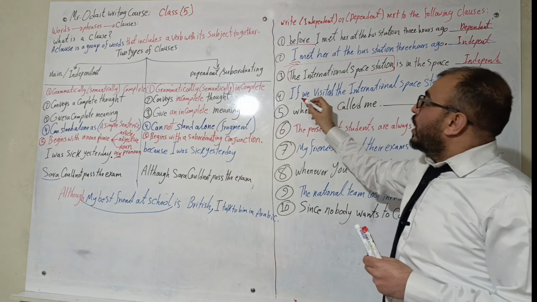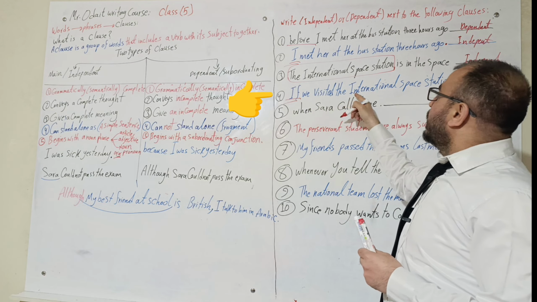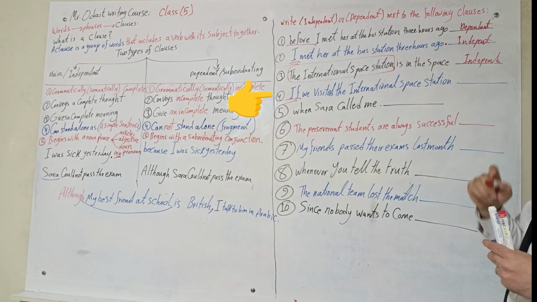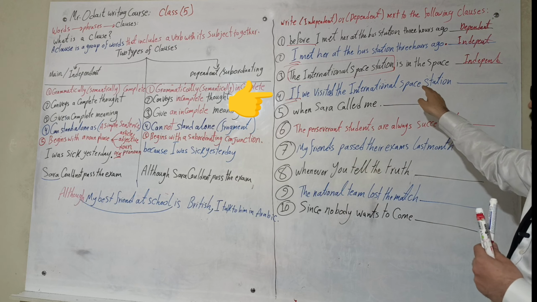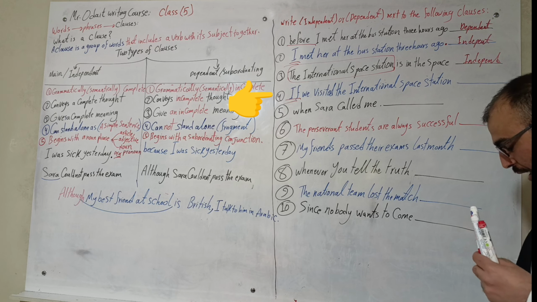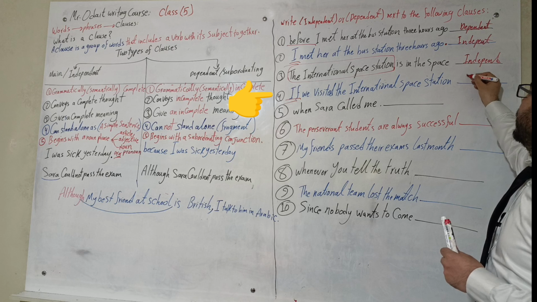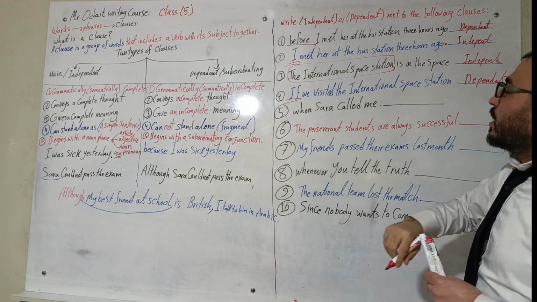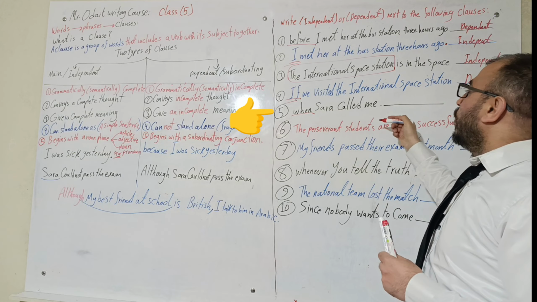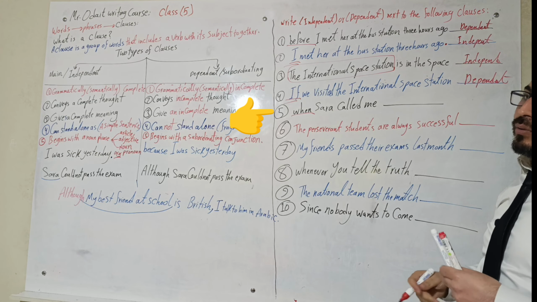Again, my friends, if we visited the International Space Station, here the meaning is incomplete. I need further information in order to understand the idea of this sentence. That's why this is a dependent clause. Again, my friends, when Sarah called me, yes, when Sarah called, what happened?